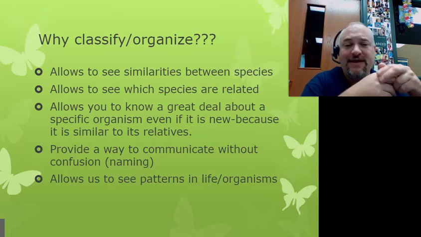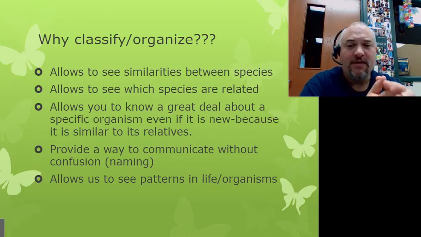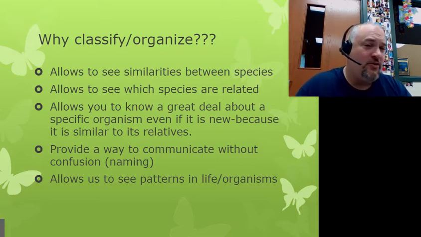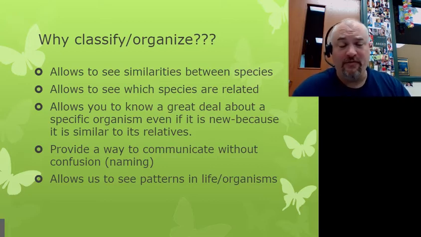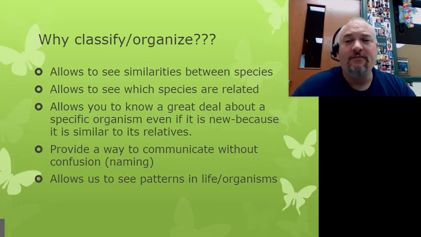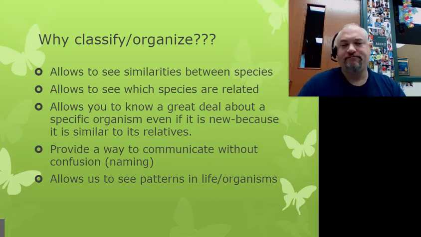And it allows you to know a great deal about a specific organism, even if it is new, because it's similar to its relatives. So if we find some new creature in the woods that has fur and provides milk to its young, gives live birth, and so on, we know it's a mammal. If we know it's a mammal, we already know quite a lot about it. We don't have to study it from the ground up as an alien creature. We can start with some background already in place.